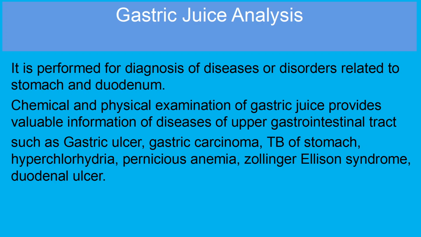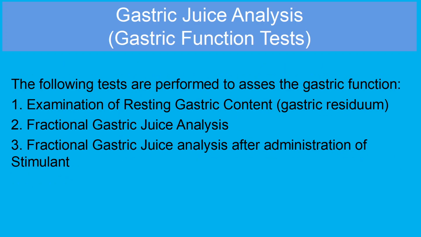Mainly the diseases related to the gastrointestinal tract include gastritis, gastric ulcer, gastric carcinoma, TB of stomach, hyperchlorhydria, pernicious anemia, Zollinger-Ellison syndrome, and duodenal ulcer. These are the diseases which can be diagnosed with the help of gastric function tests or gastric juice analysis.